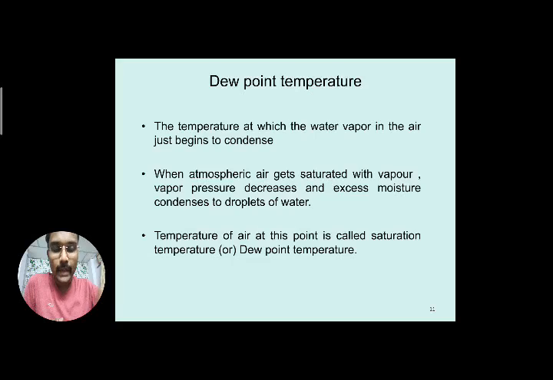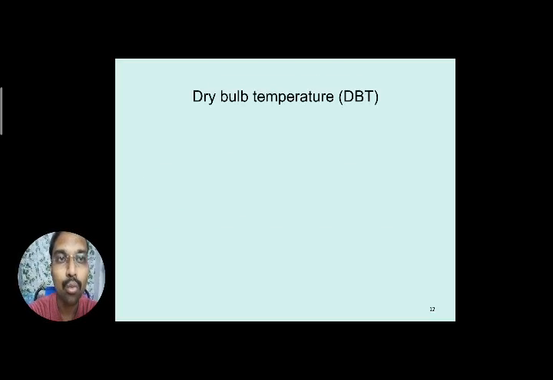Now the temperature of the air which is measured at this point is called saturation temperature or dew point temperature. Shortly, it is named as DPT. Temperature of air at this point is called saturation temperature or dew point temperature.